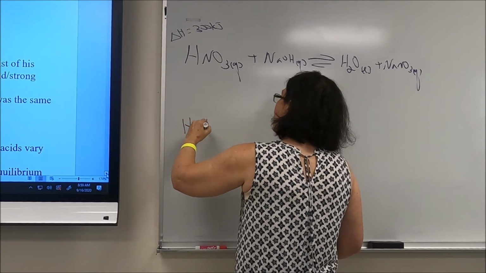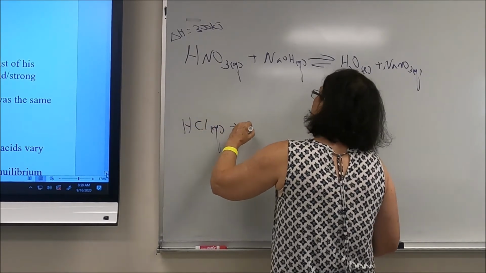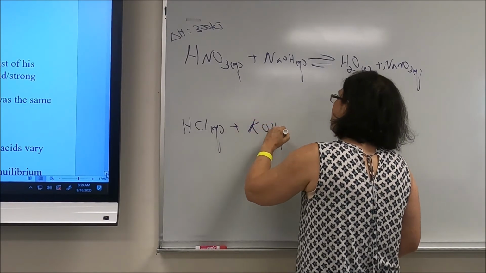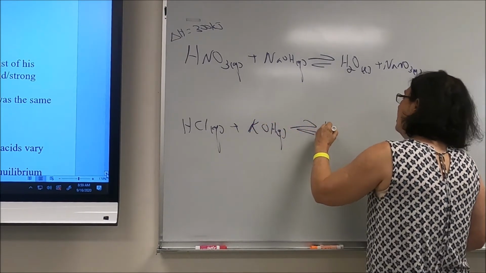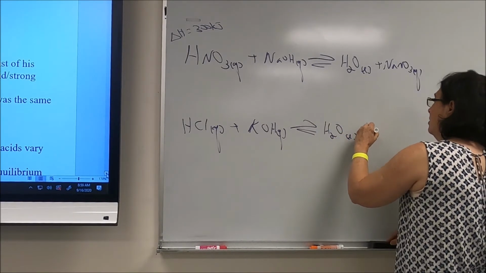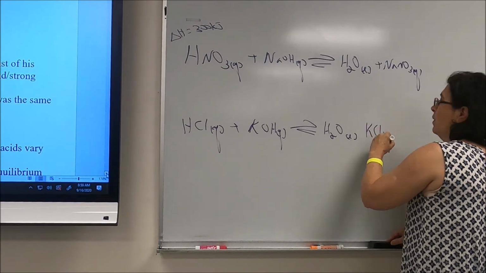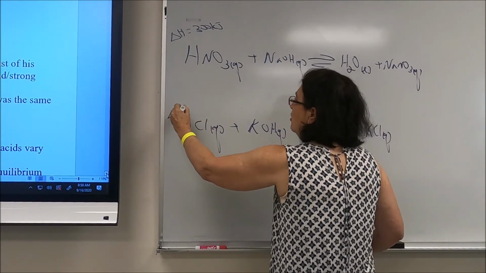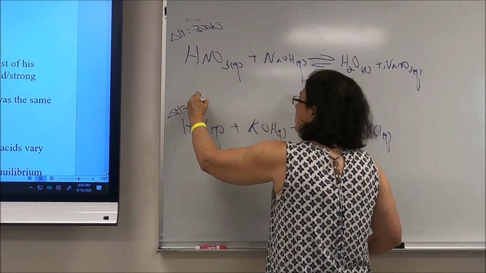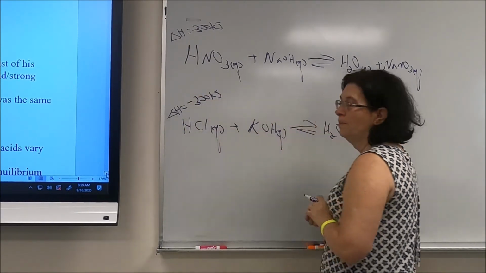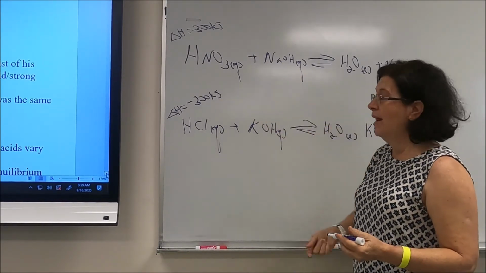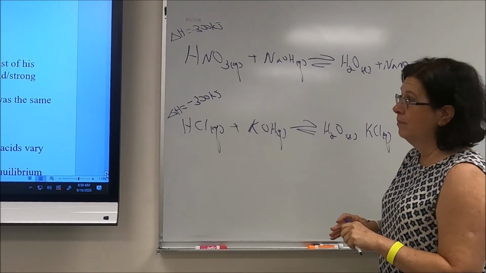And then he looked at HCl aqueous plus KOH aqueous, and he got water liquid, and he got potassium chloride aqueous, and he got a delta H here, and these are negative because it's exothermic, 300 kilojoules. He kept getting the same delta H, and he asked the question why. Okay?